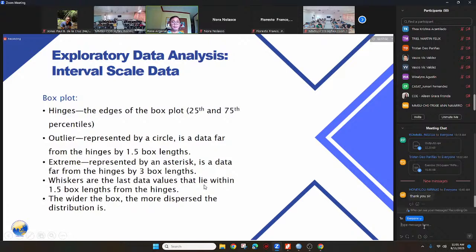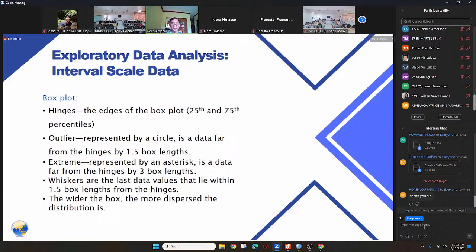And then we talk about the box plot. The box plot is another graphical representation of scale data, wherein you have a box or a rectangle plotted on the Cartesian plane. In the box plot you have the edges.